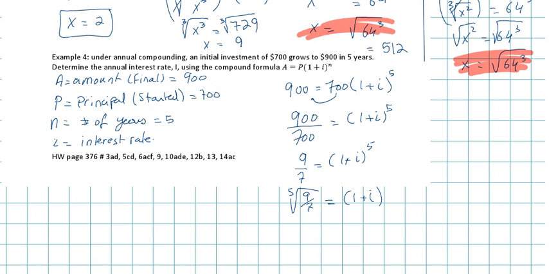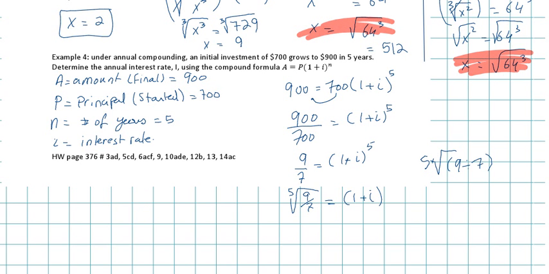Otherwise, it will do the 5th root of 9, and then divide by 7, which is not correct. Some calculators keep everything under the root by themselves, and some you have to put the bracket.